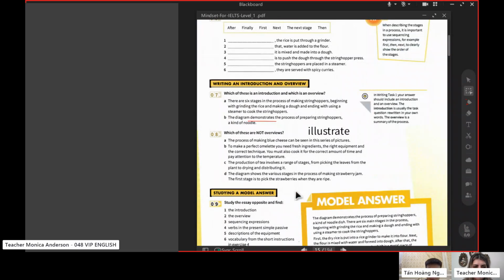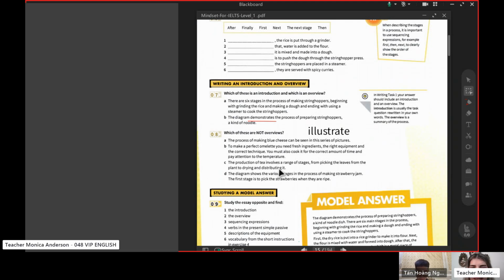I think no, because there isn't the last part. Yeah, very good. Excellent. This is an introduction, of course. The diagram shows. Any verb that you see, the verb show, the verb illustrate, the verb demonstrate, definitely these words are introductions.